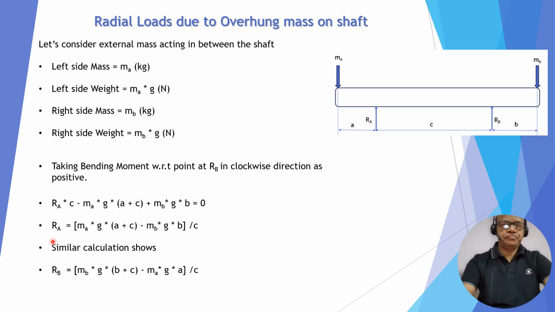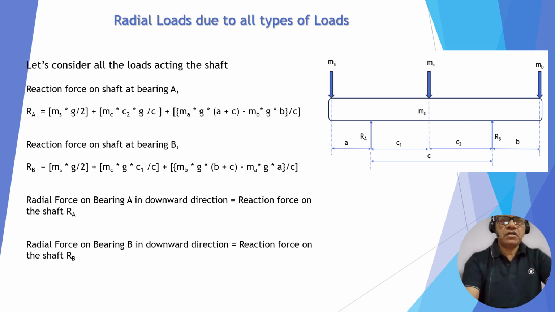So Ra is equal to bracket start Ma into g into A plus C bracket close minus Mb into g into B, divided by C. Similar calculation shows Rb is equal to Mb into g into B plus C minus Ma into g into A bracket close, upon C. So these are the reaction forces due to the overhung shaft.